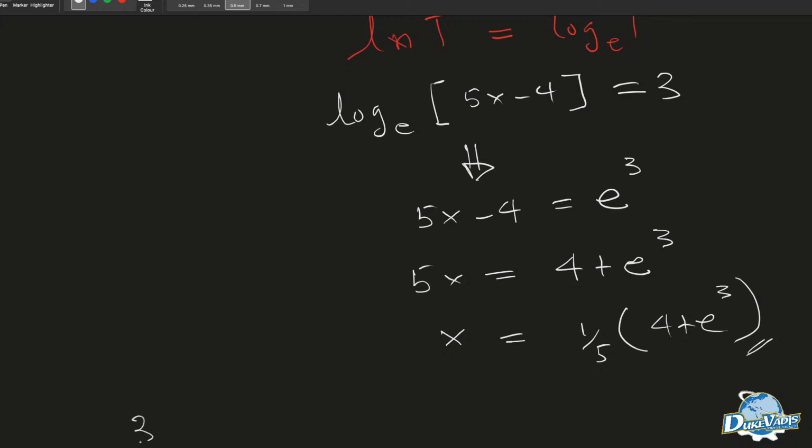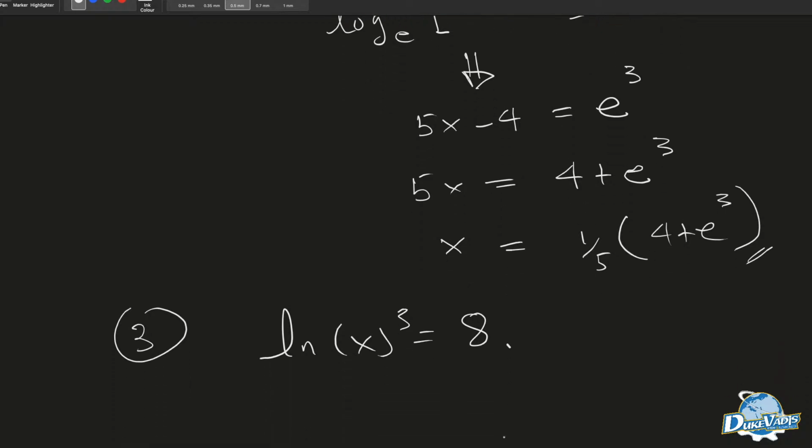The third one says natural log of s cubed is equal to 8. We should find the value of that.